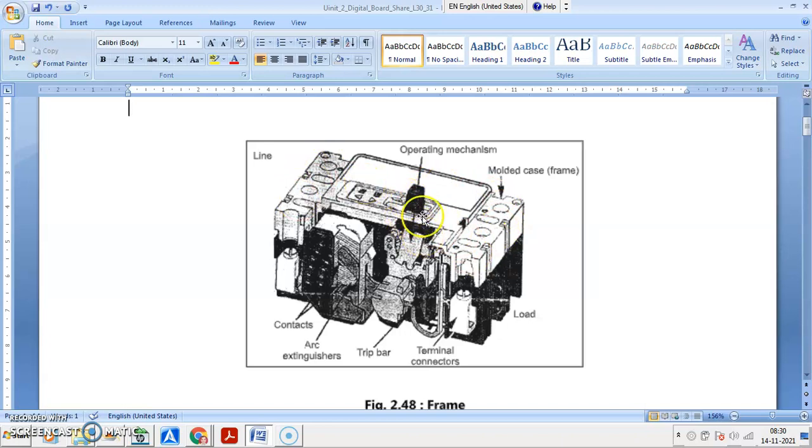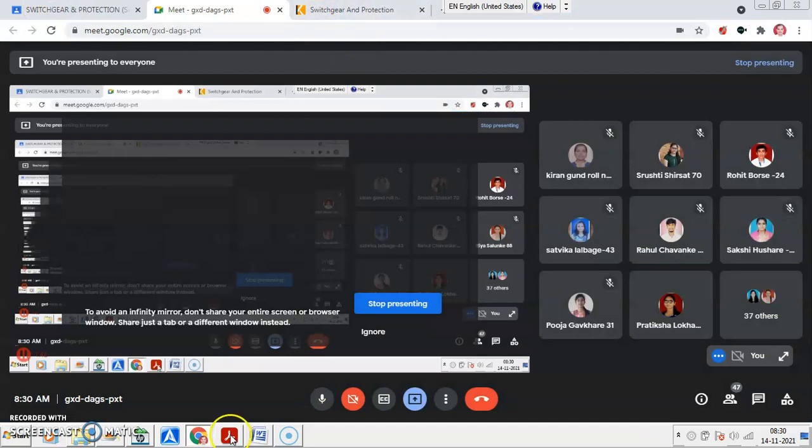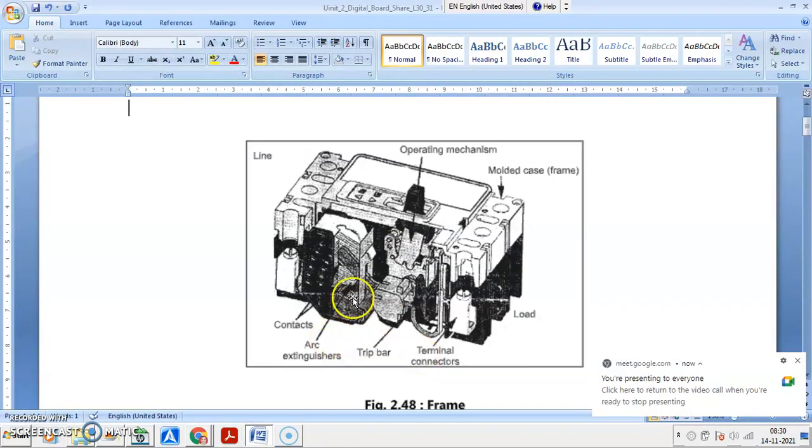You may have an on-off switch. Operating mechanism, on-off switch. Then in this you can see the contacts, making and breaking contacts.